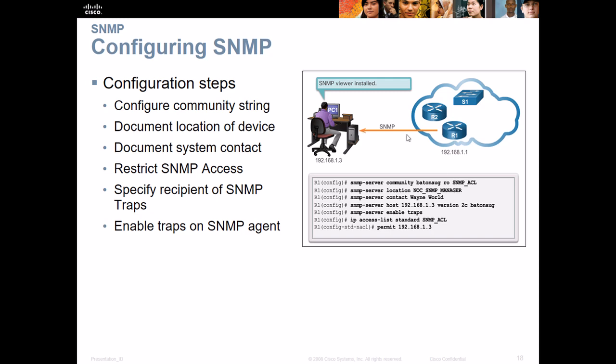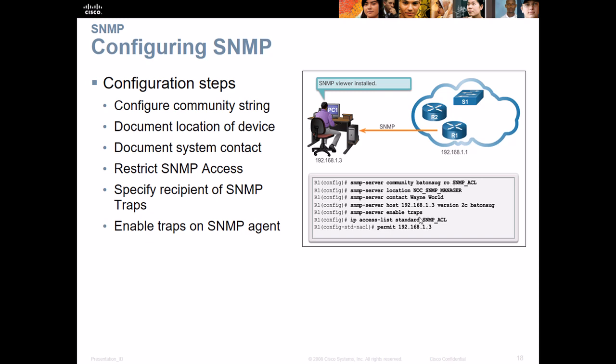So if somebody comes in and wants to read information from the SNMP server, it's going to say, okay, I've got to check the SNMP_ACL, and is he 1.3? Yes. Okay, then he's allowed to have access to my MIB database and get all the information he wants. Right? That's pretty much it.